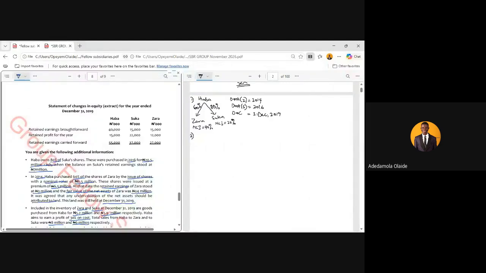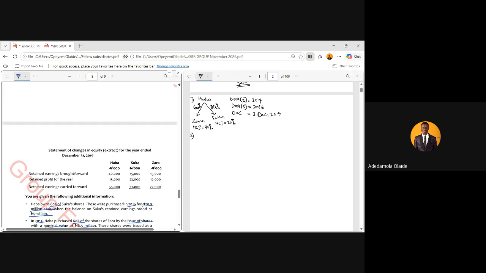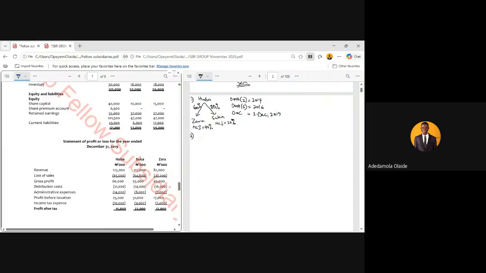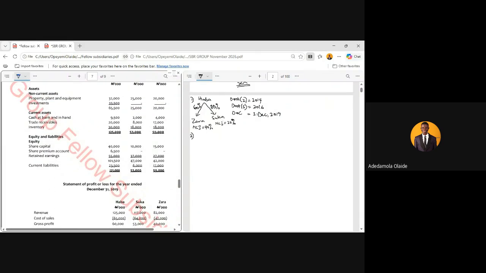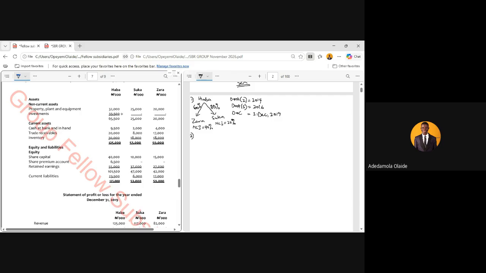Okay. Having done this, we are good to go. On note one, we don't really have any additional information to work on because they've given us the purchase price and we don't have any issue. And just like I told you, if you look at the SOFP, you'll see that in the books of ABBA, they have an investment of 33.5 million.